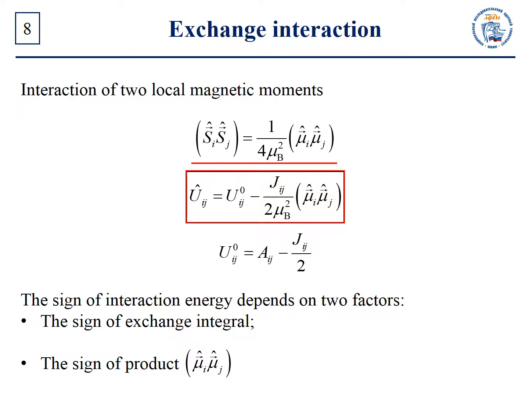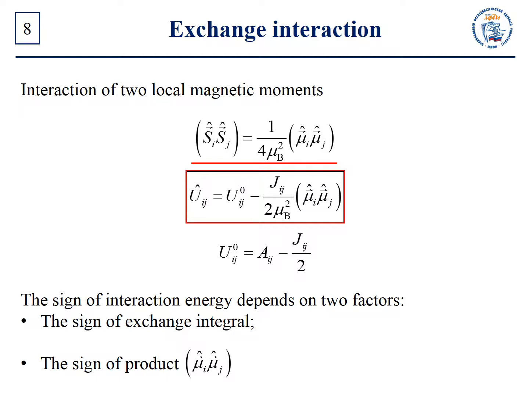The sign of the second term in this equation depends on mutual orientation of the magnetic moments, since the product of operators mu_i and mu_j is greater than 0 in the case that the spin S of two electrons at atoms i and j equals 1, parallel magnetic moments, and the product of operators mu_i and mu_j is less than 0 if S is equal to 0, anti-parallel magnetic moments.